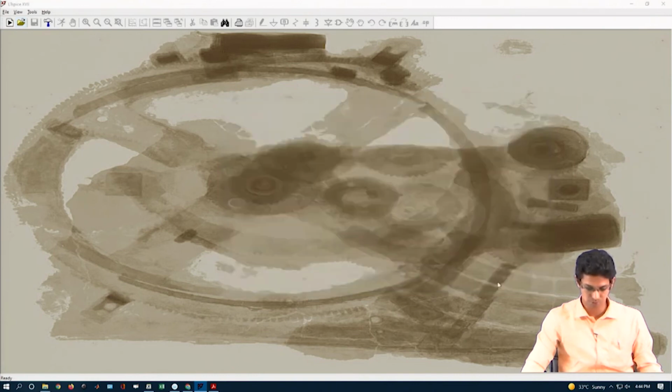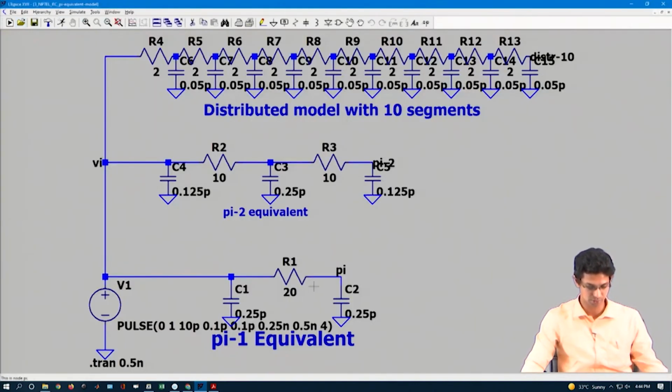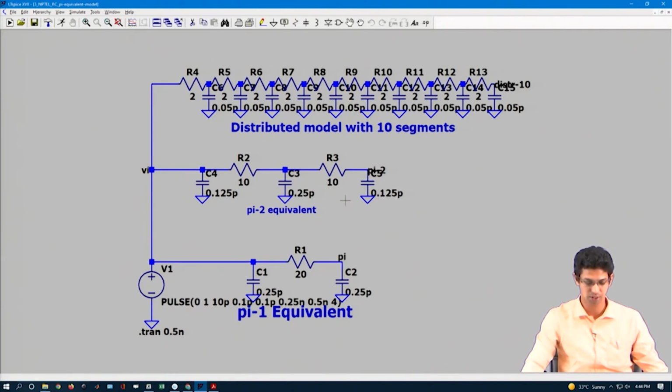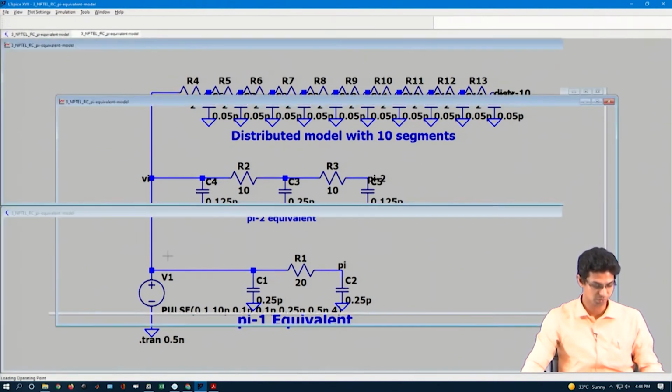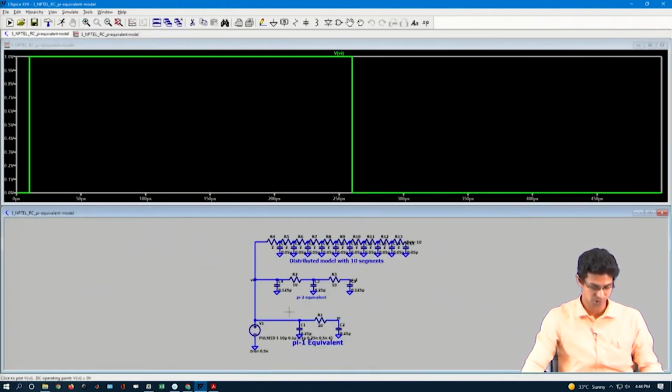So, you can make a circuit like this where there is a pi equivalent model, a pi 2 equivalent model and a distributed model with 10 segments. Now, if I simulate it, I will get V in as my green curve, then this is my pi equivalent model, this is my pi 2 equivalent model.